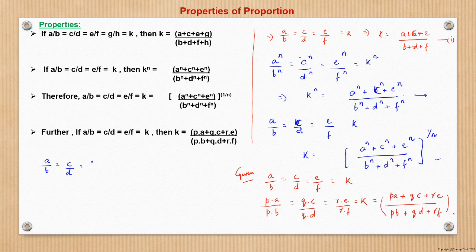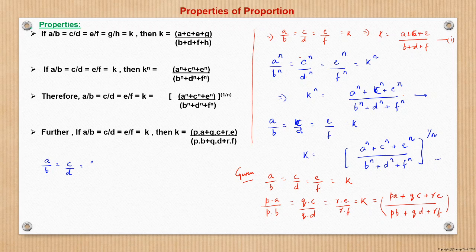And this we proved also, because I can write a by b as pa upon pb, c by d as qc upon qd, e by f as re upon rf. So now, if it is in this form, I can also write this as pa plus qc plus re upon pb plus qd plus rf, right? So that is the most generic form.